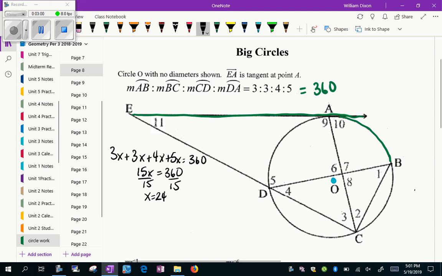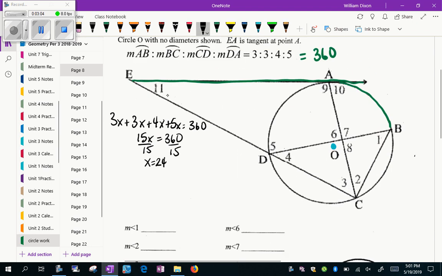All right, now down here, I'm going to write 3x, 3x, 4x, 5x. So I know what each one of those arc measurements is, and I'm going to fill them in as I go along. Well, I know 3 times 24 is 72, so I know that AB is 72 degrees.